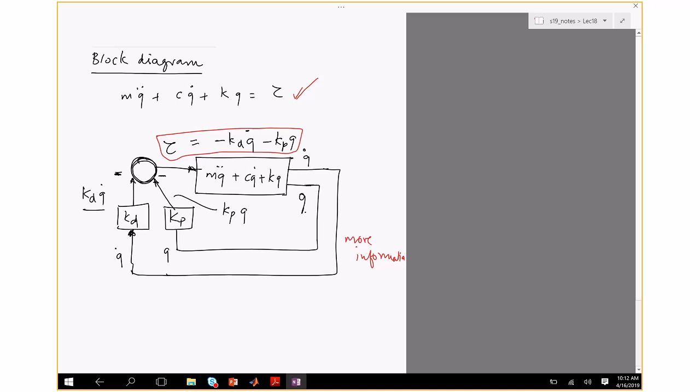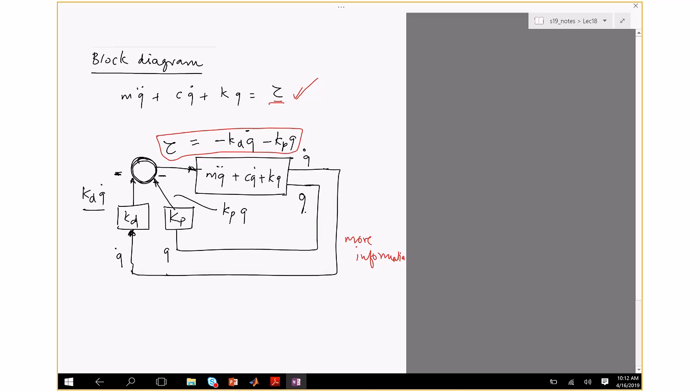Well, not really in this particular case, but sometimes you show what sensors are there and what is measured and so on. For example, sometimes you do not have access to a sensor which gives Q dot, velocity, and you're going to take Q and numerically differentiate it. That can be shown on the block diagram, and you cannot show that using the equation. You'll have to do some more writing. So block diagrams are important.